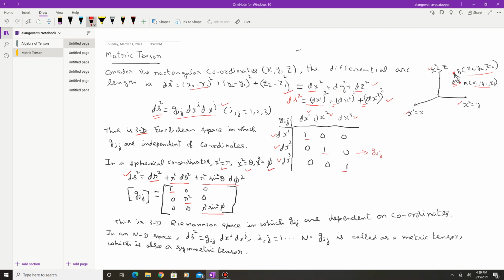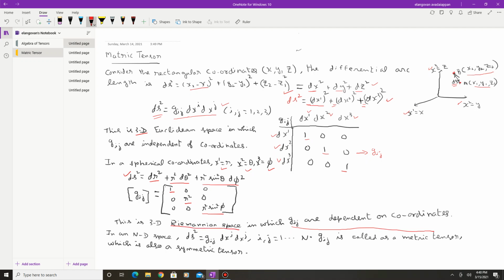If the components gij are dependent on coordinates, then we call that space a Riemannian space.